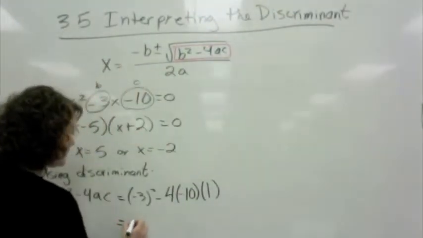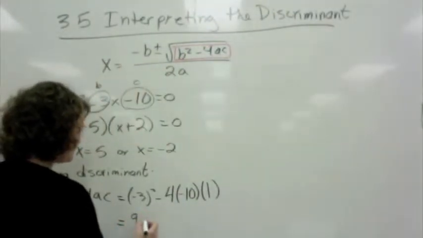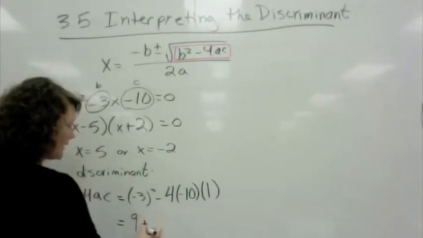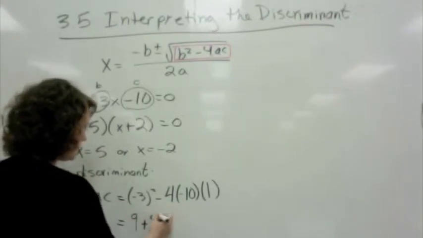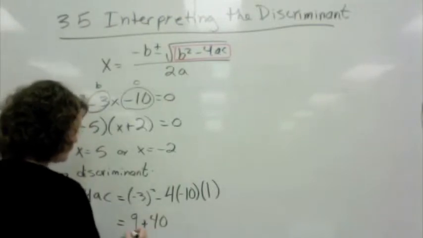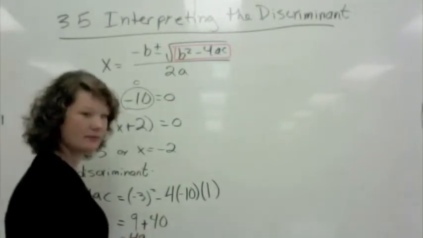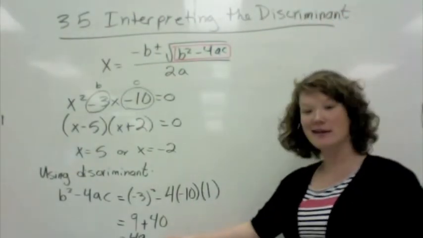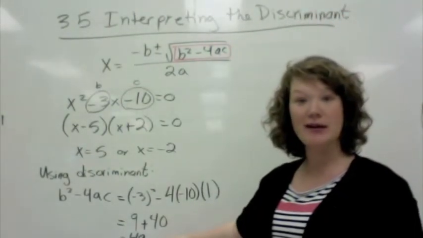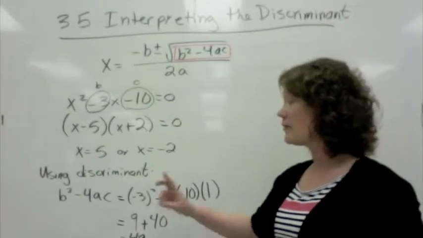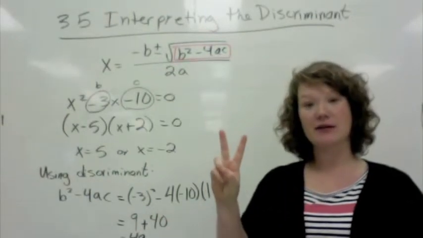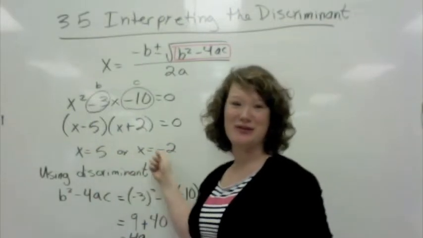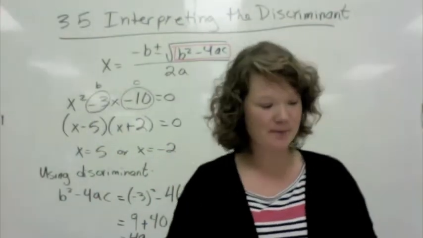We simplify it: 9 minus negative 40, so it's actually going to be plus 40. So we have 49. Since the discriminant is bigger than 0, we know there are two different roots. And when we factor it, we know that there are two different solutions.